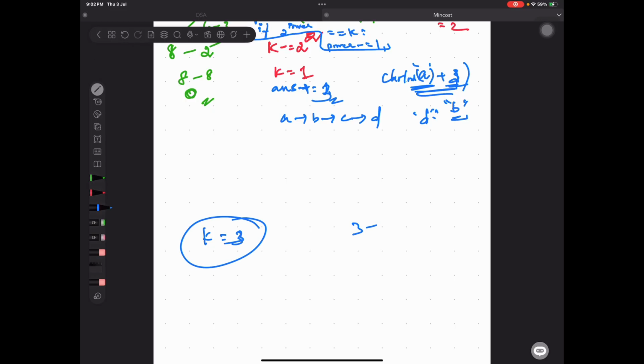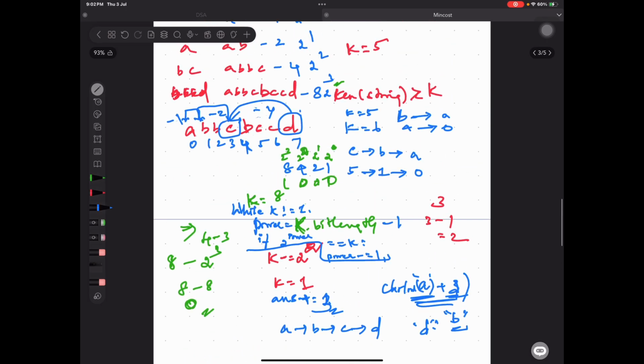If k equals 3, obviously it will be less than 4, right? So 2 to the power of whatever t, so 2 to the power of 2, 4, okay. Then that we will not do, it is less than 2 to the power of 2, so we will just straight away do 3 minus 2, then 2 minus 1.